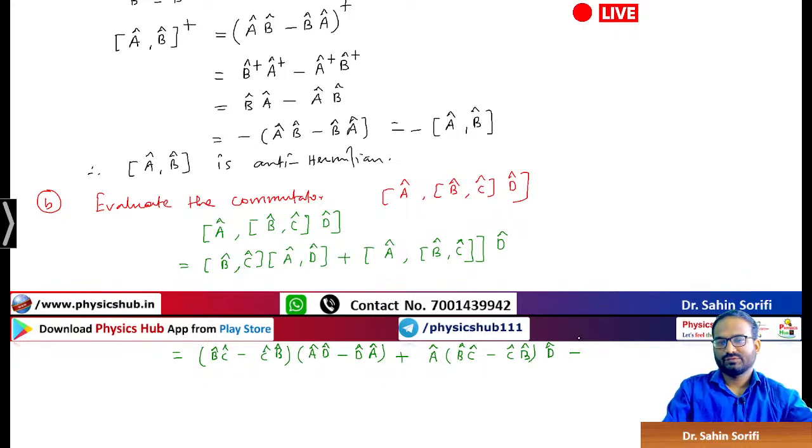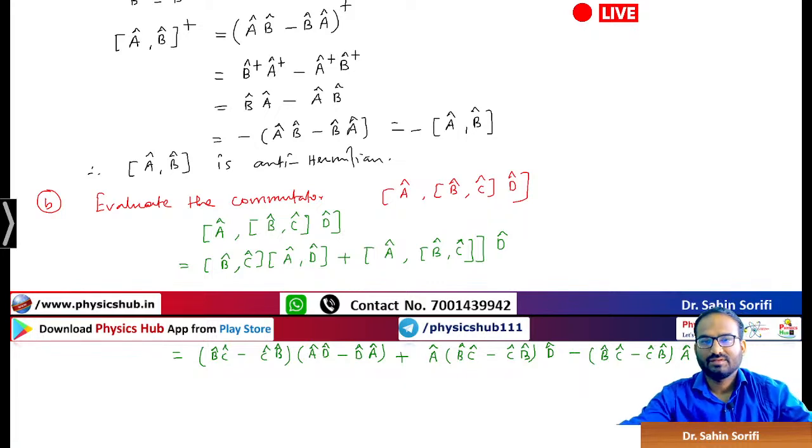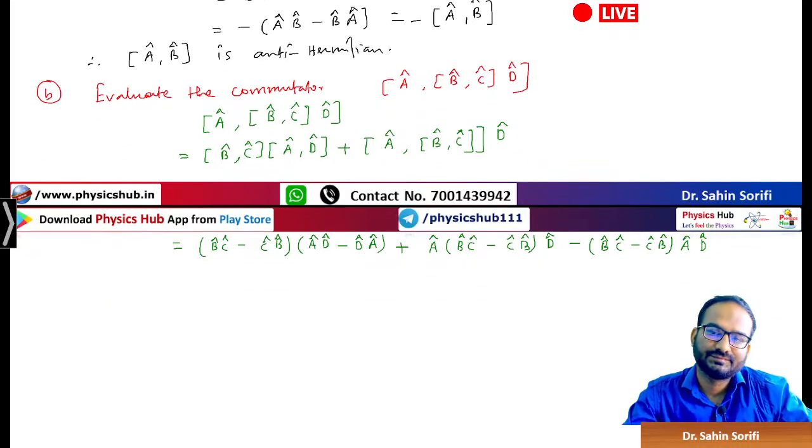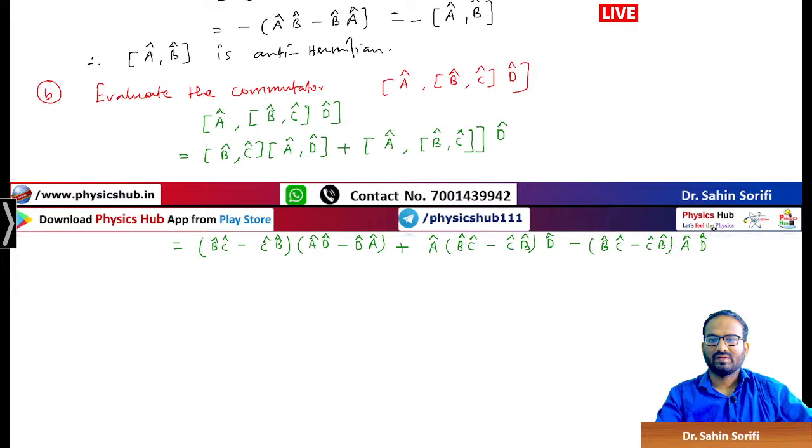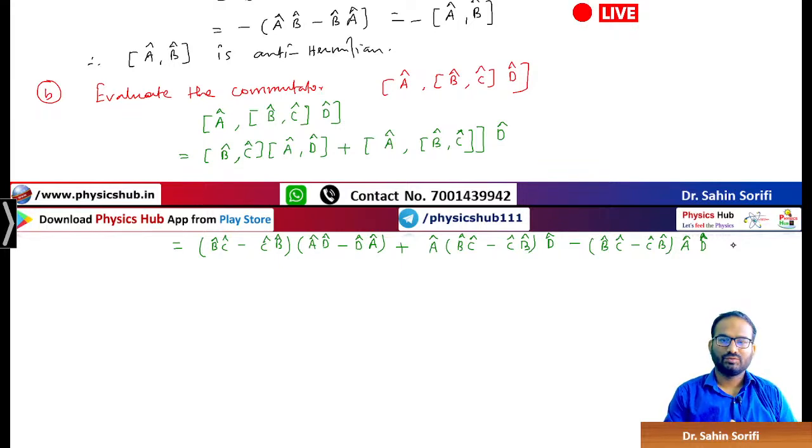This one will come first: BC minus CB, A D. Is it clear till now? Tell me, could you understand this line up to this line? Karthik, Murli, Harry is absent today. Is it clear till now? Tell me, then we'll move forward.